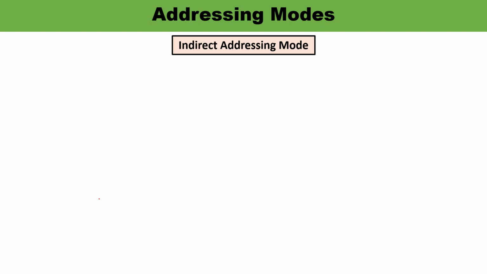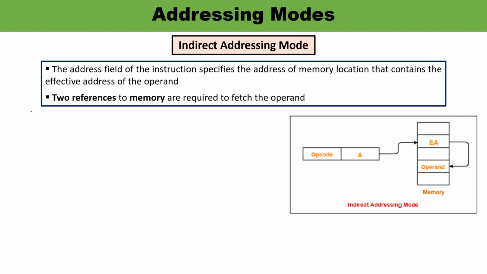Indirect addressing mode is the next one. Here two references to the memory are required to fetch the operand. Two references, you must remember it. The address field of the instruction specifies the address of the memory location which contains the effective address of the operand.